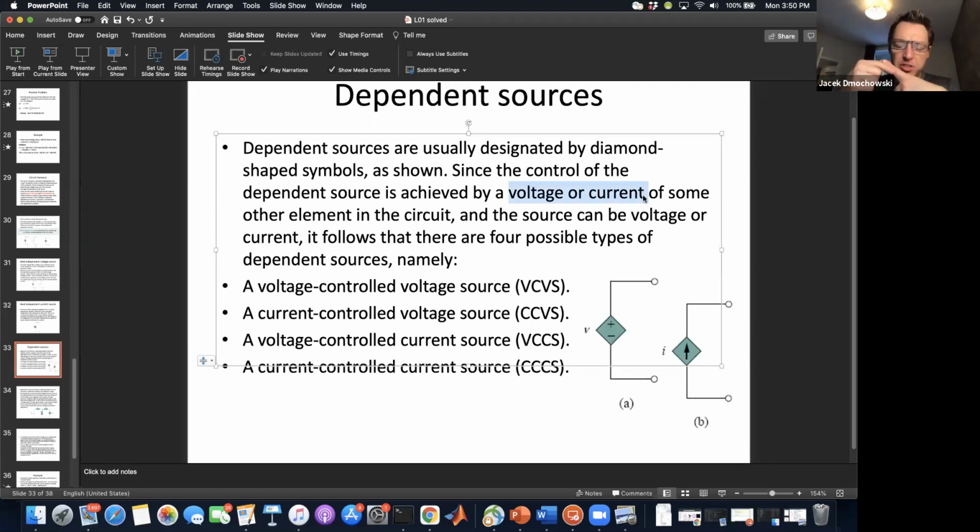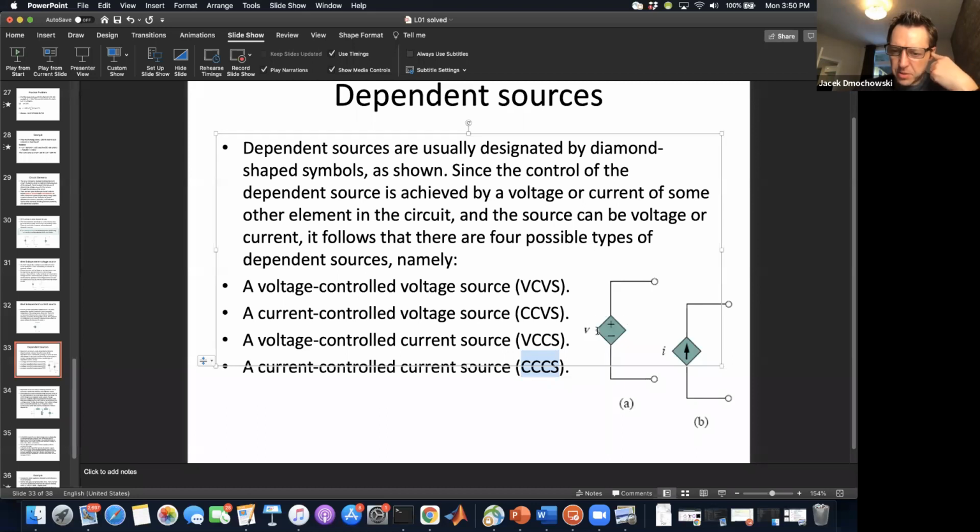You can have a voltage source that depends on a voltage. You can have a voltage source that depends on a current. You can have a current source that depends on a voltage. And you have a current source that depends on a current. So we have 2x2 permutations.